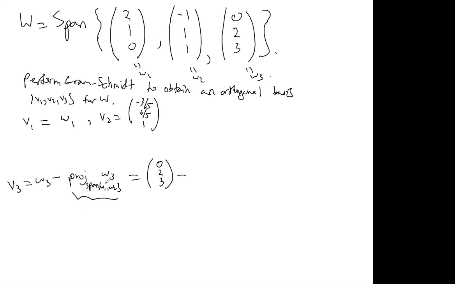All right, so we have the span of two vectors, right? And the orthogonal projection. Let's do this one separately.